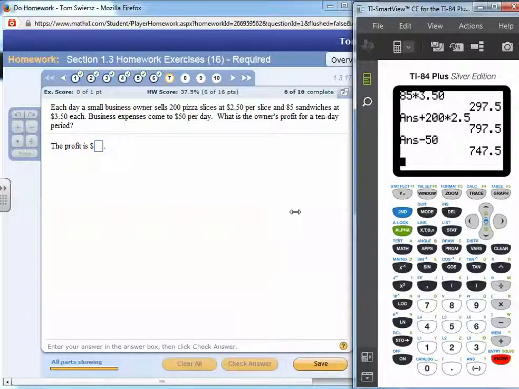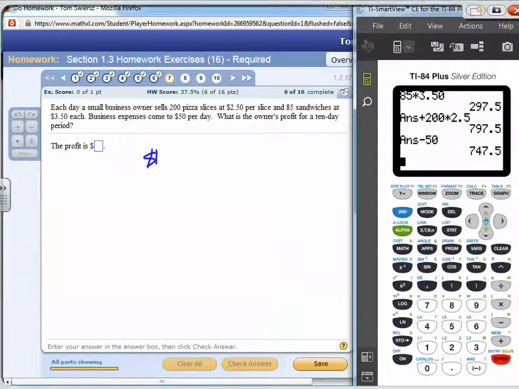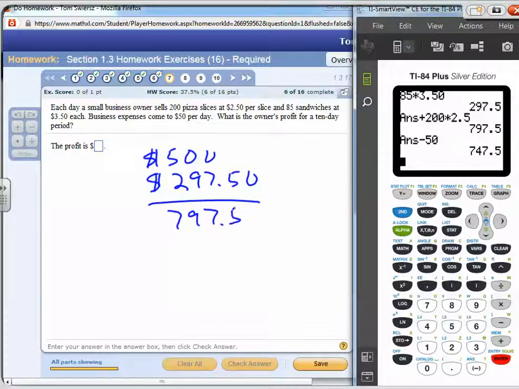We subtract the 50, add up the pizzas, which is 500, and sandwiches was $297.50, and then we got a total of $797.50. Subtract 50 for expenses, so we get $747.50.